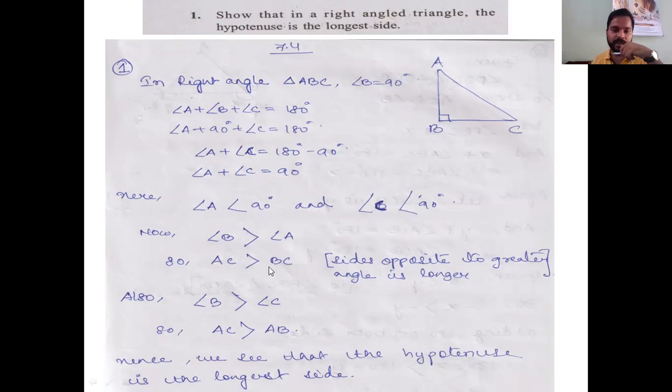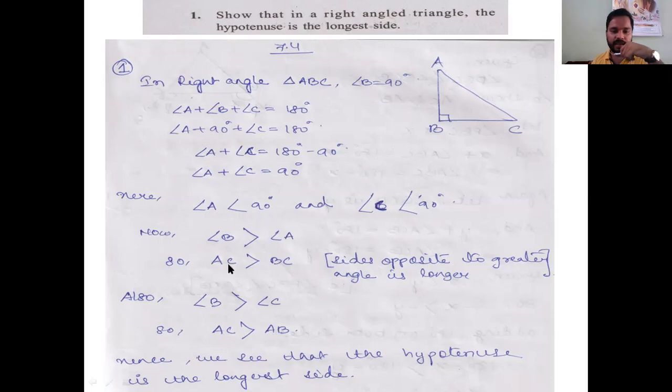So AC will be greater than side BC. Similarly, you see here also angle B is greater than angle C, which means opposite side of angle B is AC, opposite side of angle C is AB. That means AC is greater than AB.